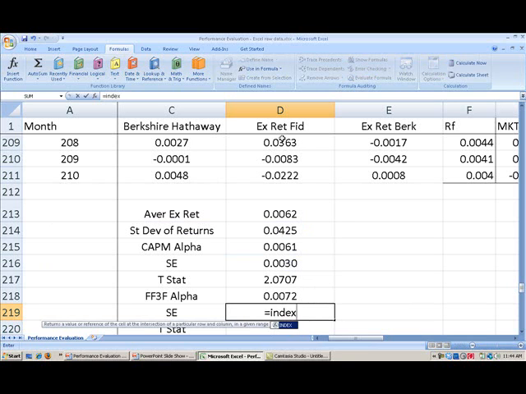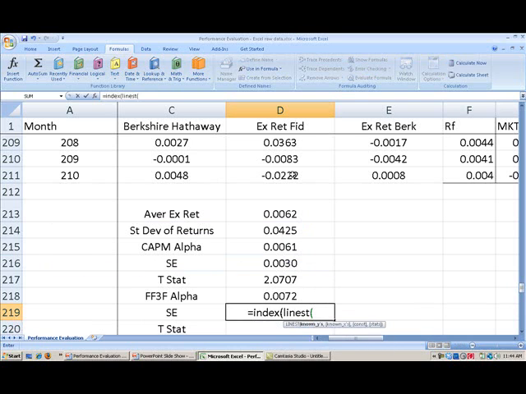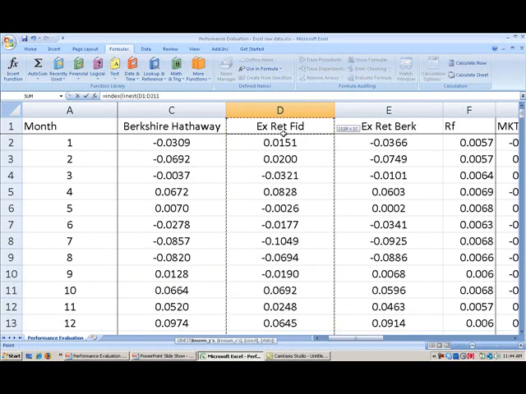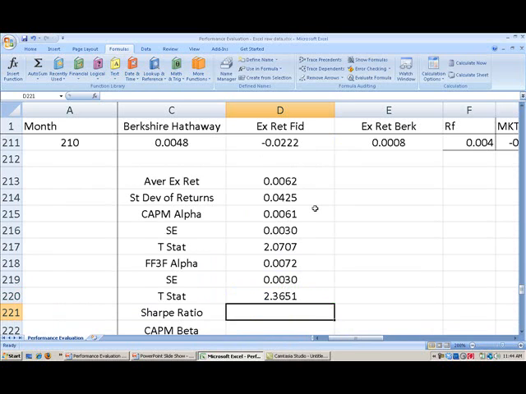Let's calculate the standard error as well. Now we need to look in row 2, column 4. The t-statistic is going to be equal to the alpha estimate divided by the standard error.